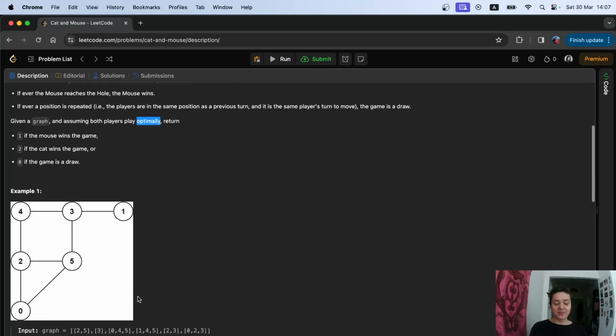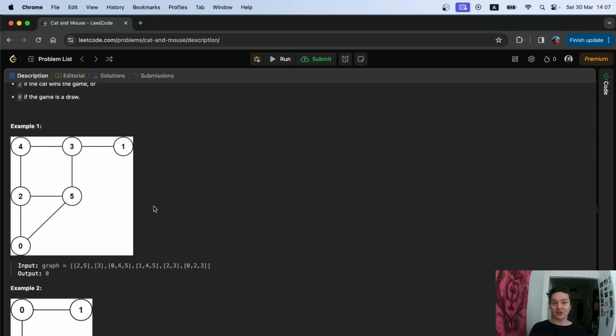In the first example here, we will see a smart example for optimal playing. However, simple examples might be if it's the mouse's turn. From where he is, he must travel to one of the adjacent nodes, and say one of them is the hole. Of course he should go there and immediately win and not start wandering around to other nodes.